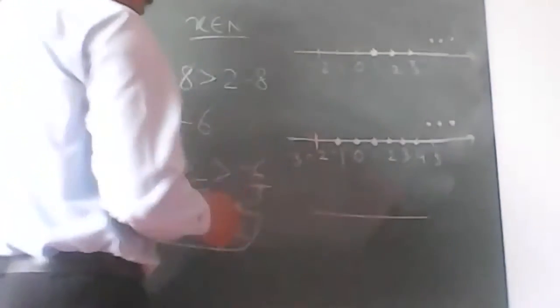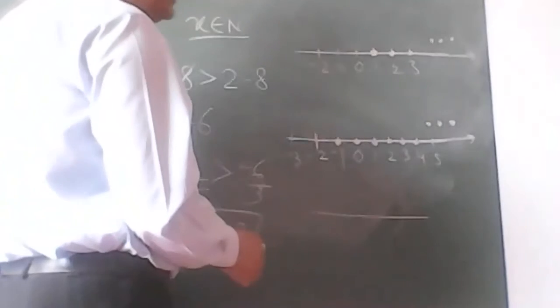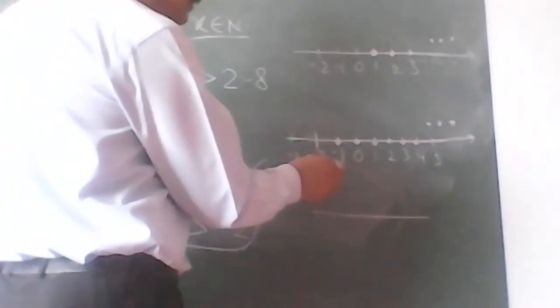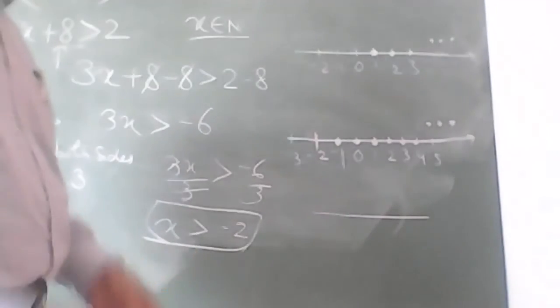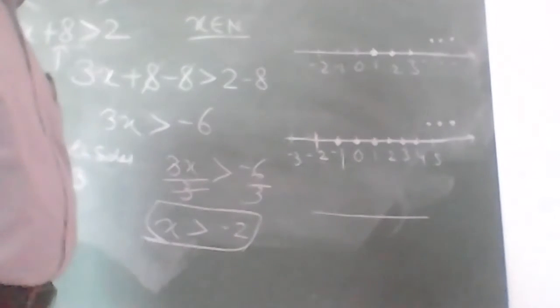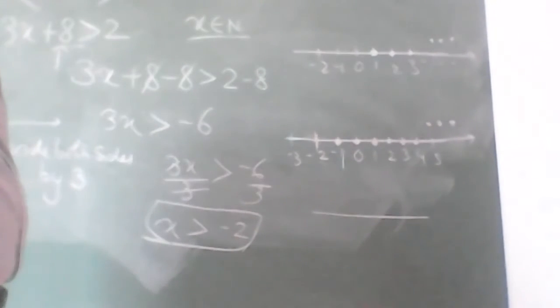Now, had it been x belongs to integers, let us take it here only, x belongs to integers, then also the same case would have been there. I hope things are clear.